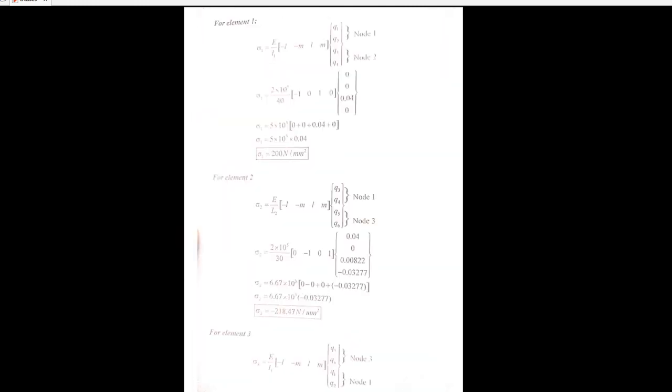Take a screenshot of this, all of you. Sigma 3 you will get around minus 52.4.